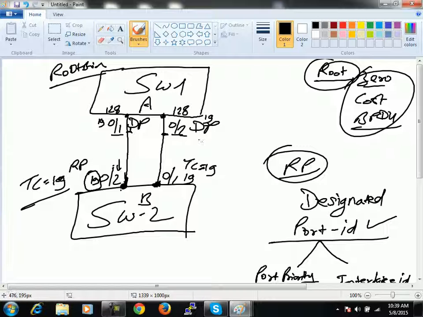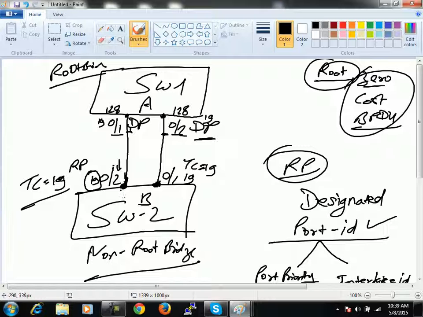And one more thing here: because this is a DP, the other end must be non-DP, and under non-DP you can have either an RP or an alternate port. Because it is working as a non-root bridge, on a single non-root bridge you can have a maximum of one root port; you cannot have more than one.